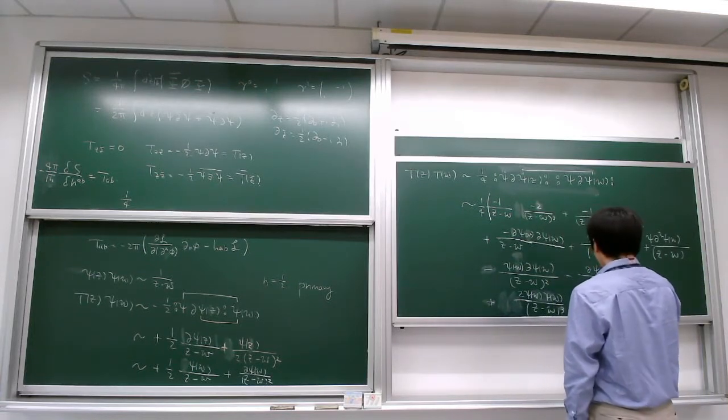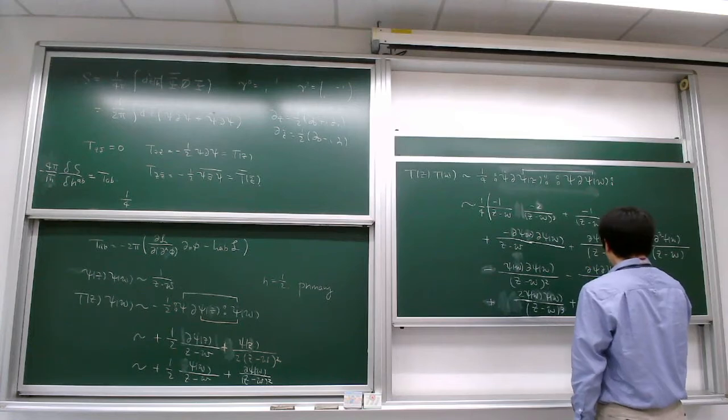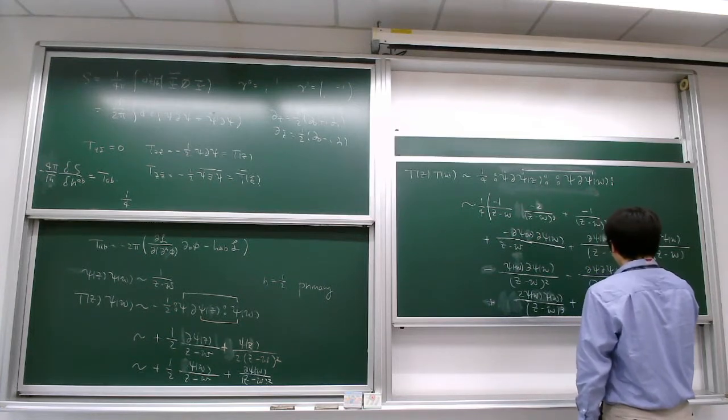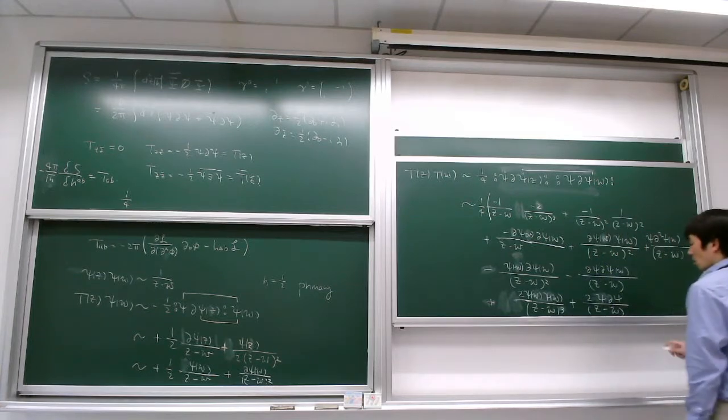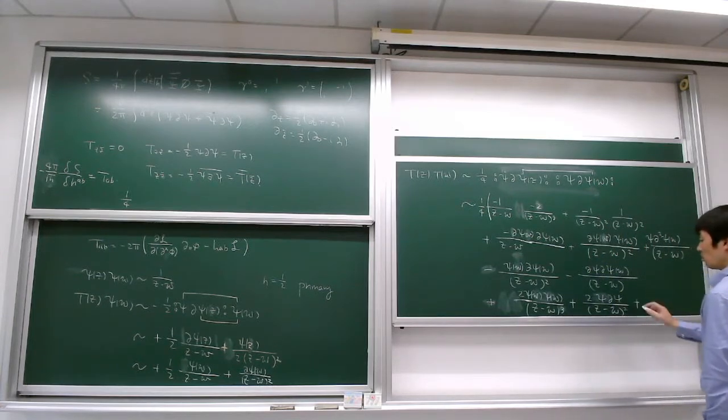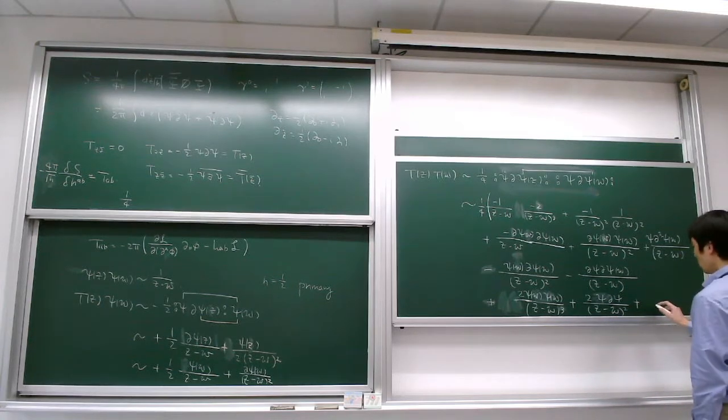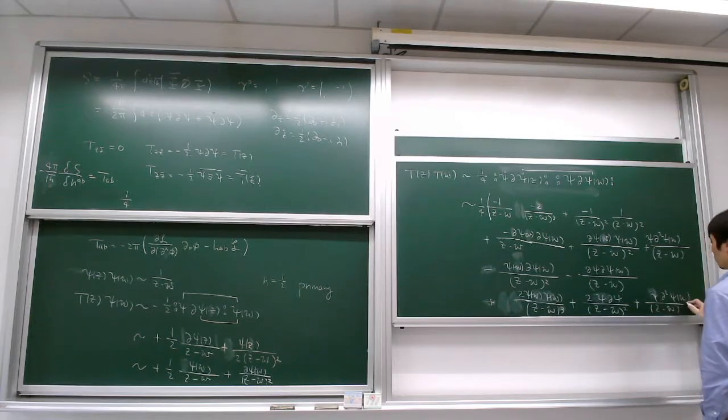Another term is 2 psi (z minus w) squared, and also what you obtain is the second derivative, but there is a 2 factorial, so (z minus w) psi. Okay, so this is how you do the OPE.